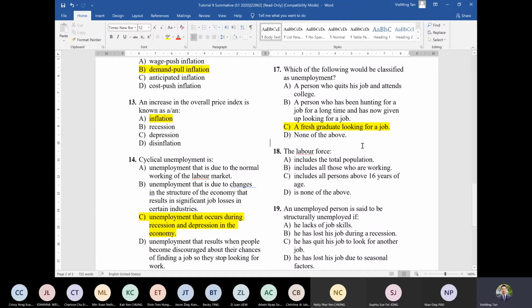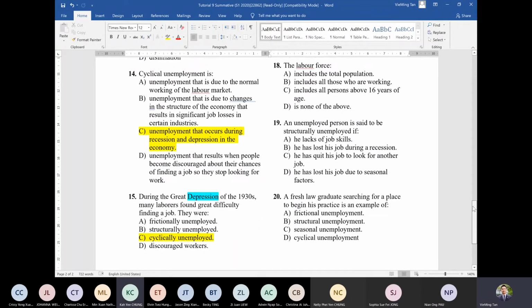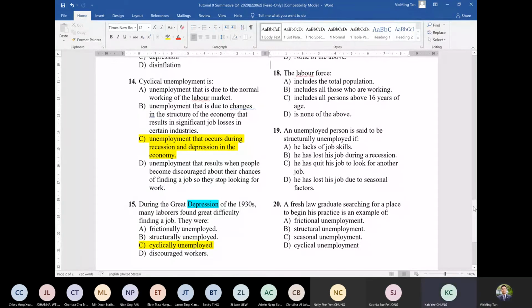Okay, number 18. Kai. The labor force B includes all those who are working. The problem is this question is quite tricky because each of the options given seems to be incomplete.